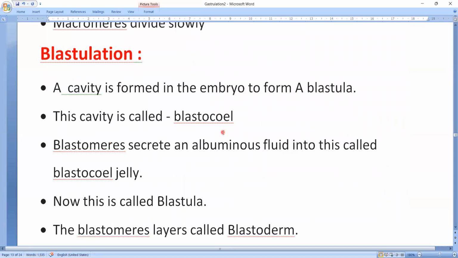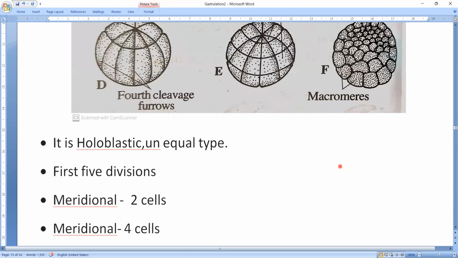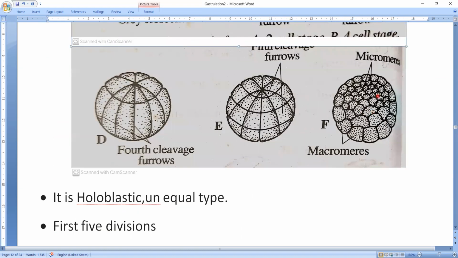Then blastulation. Due to continuous cell division, the number of cells is increased in the embryo. At the same time, internally, due to detachment of the cells from each other, they are restricted towards the periphery.